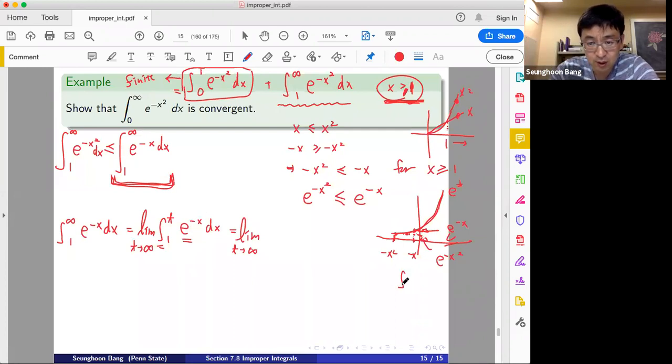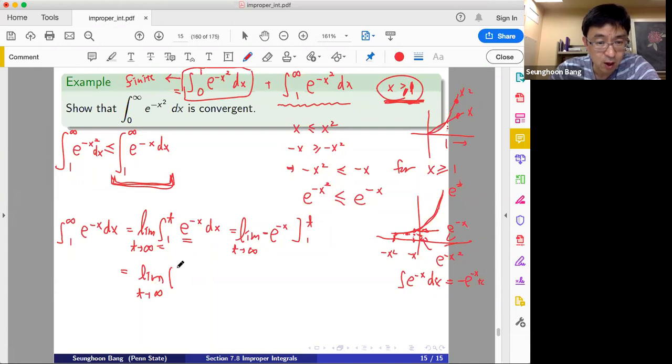Yes, negative e to the minus x plus C, right? We have negative e to the minus x from 1 to t. So this is the same as the limit as t approaches infinity.